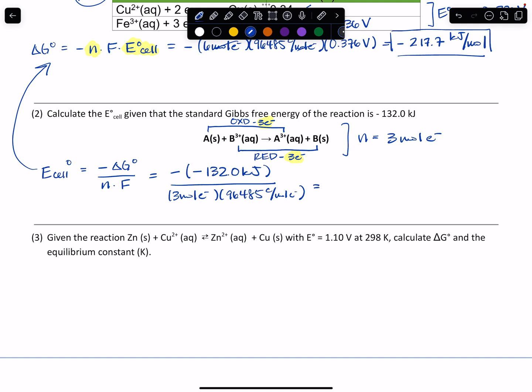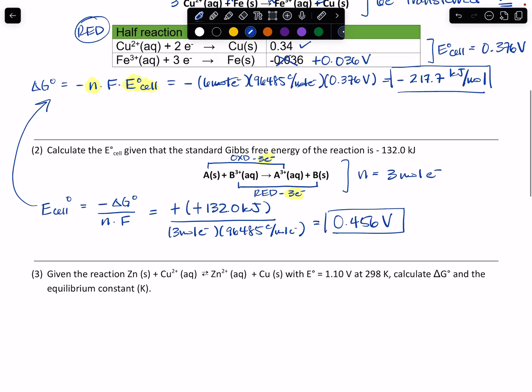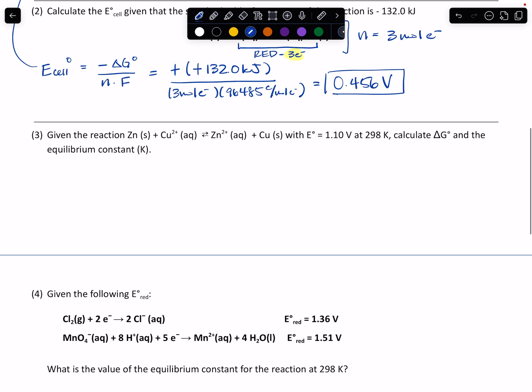Once we do our math, we're going to end up with this negative sign canceling, and we're going to get a positive value, which is what I would expect for a negative delta G value. And that E cell is going to be 0.456 volts. So that is also indicating spontaneous interaction, spontaneous movement of electrons.